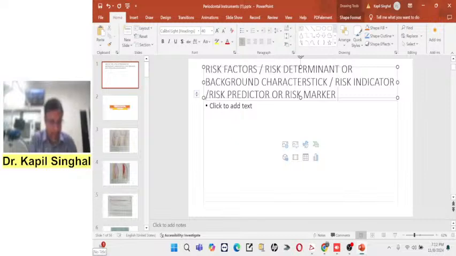Now the fourth is risk predictor and markers. These are factors that are associated with increased risk of the disease, but they do not cause the disease themselves. So please write down: they are associated with increased risk for disease, but they do not cause the disease.